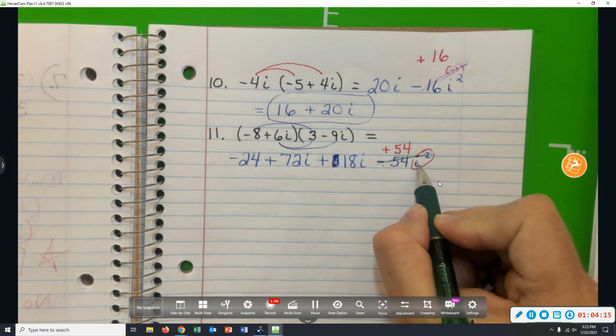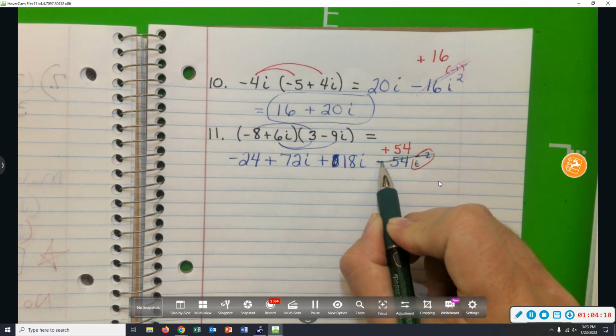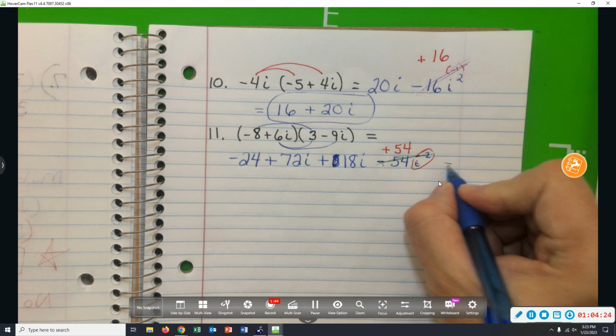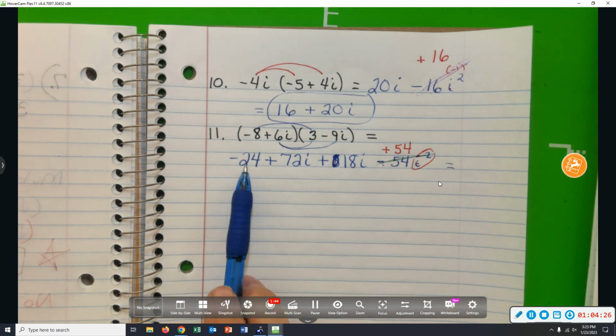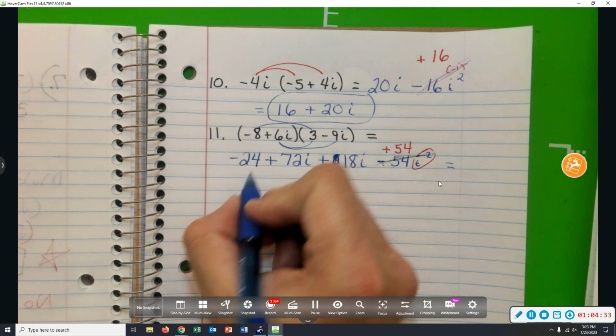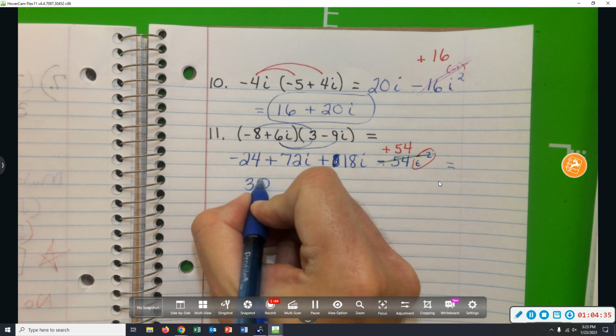All the i squared does is change the sign in front of the 54. Okay? Now let's see. What can I combine with the negative 24? Negative 24 plus 54, 30.